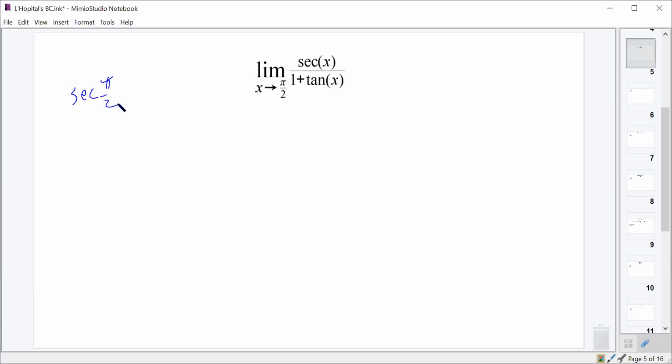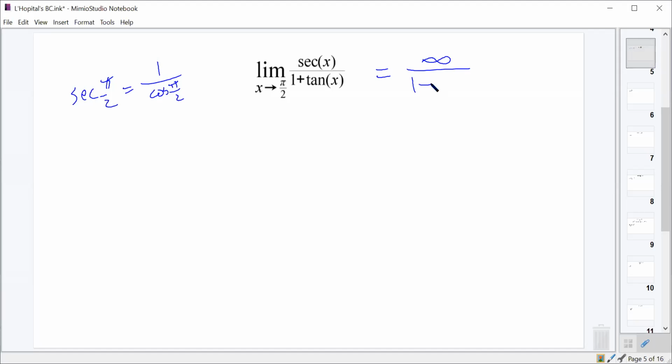Well, the secant of pi over 2 is the same as 1 over the cosine of pi over 2, which is what? What's the cosine of pi over 2? 0, right? So I have 1 over 0. But really what I have is 1 over something that's very, very close to 0, 1 over a very, very small number, which is going to go towards a very, very large number. So that's going to become an infinity.